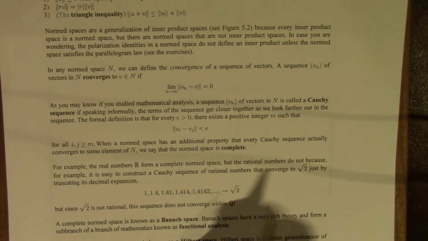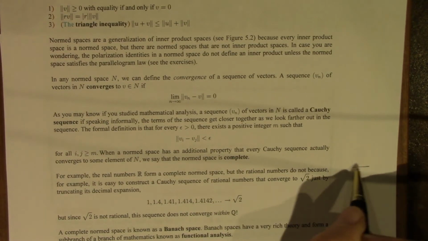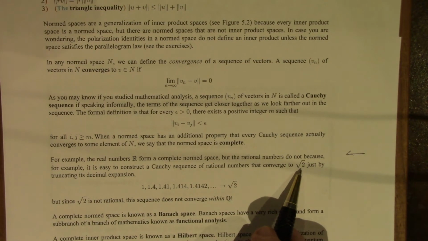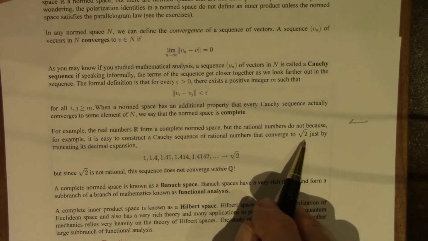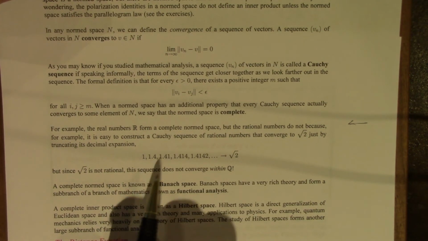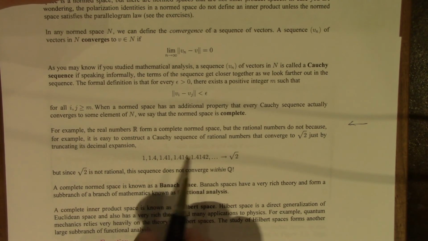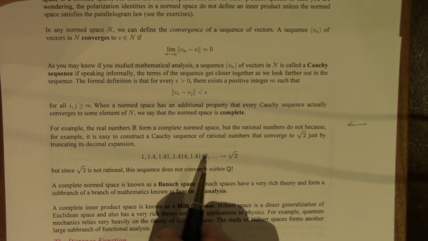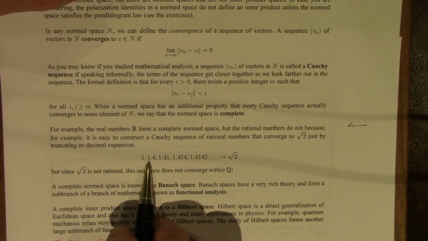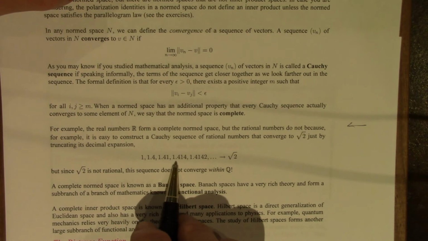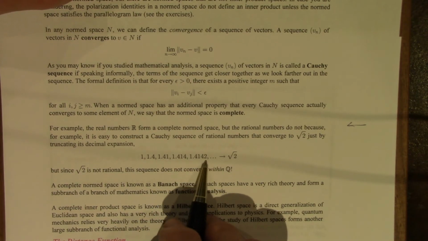All you have to do is take a non-rational real number like the square root of 2, form its non-repeating decimal expansion, and just take additional terms, partial expansions, if you will. In this case, for the square root of 2: 1, 1.4, 1.41, 1.414, 1.4142.